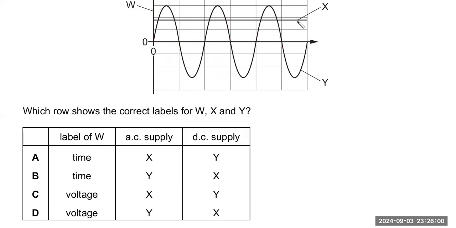X is a straight line on the positive side, which means this is the signal of direct current. If you look at this sinusoidal pattern, it is alternating current, which changes polarity in equal time intervals. So Y represents the AC supply, X the DC supply, W the voltage. So our option will be D. It is very simple.